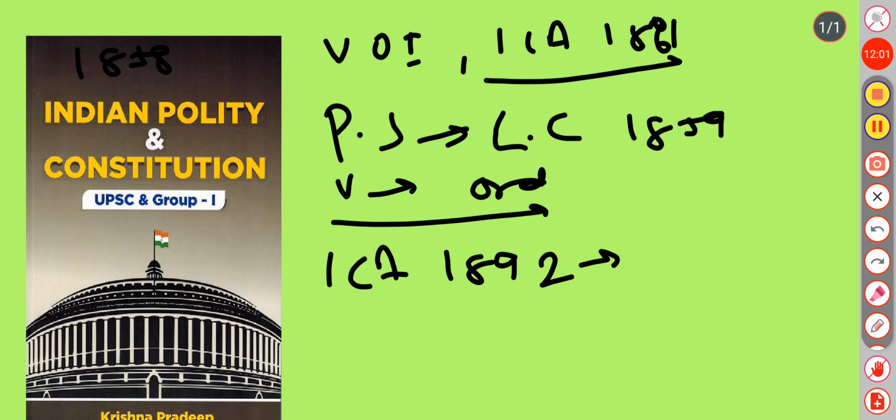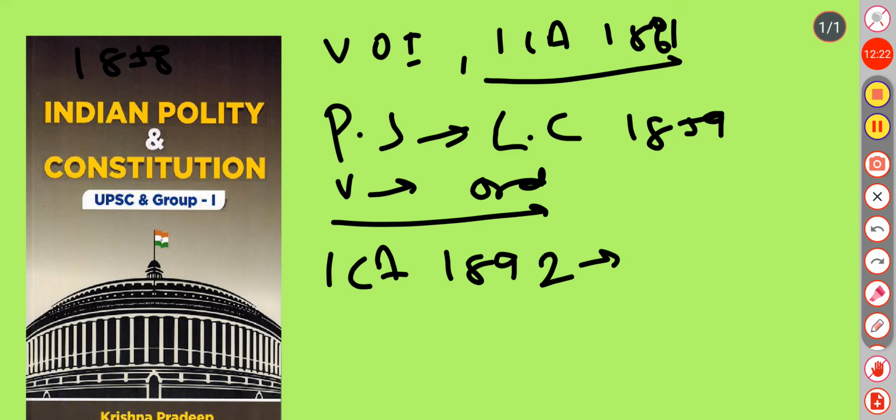Such as universities, district boards, municipalities, zamindars, etc., right? And it brought an element of representation for the first time by allowing discussion of the budget.